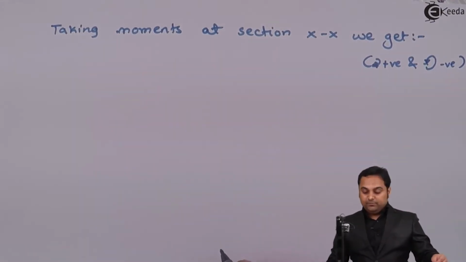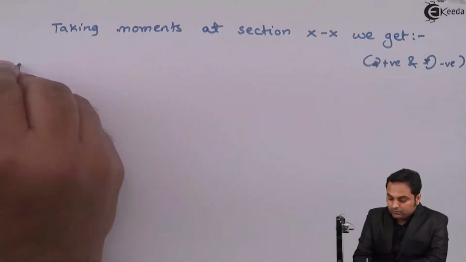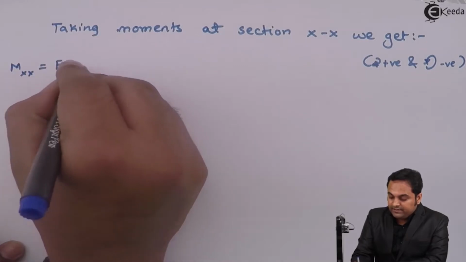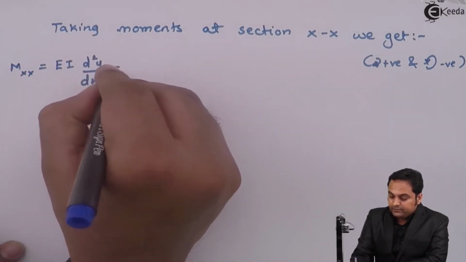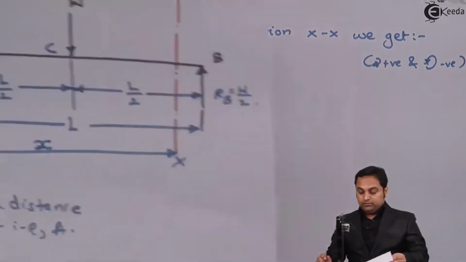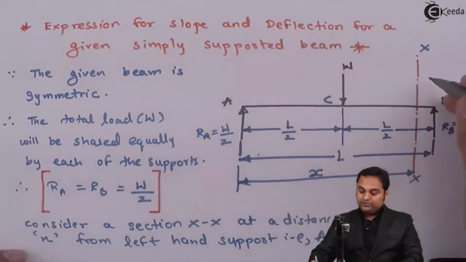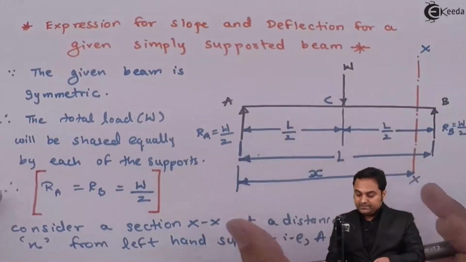So the moment at XX is given by EI d square y by dx square, and that will be equal to, the first moment is of RA, it produces clockwise moment, so clockwise moment is positive, so this is RA into x.